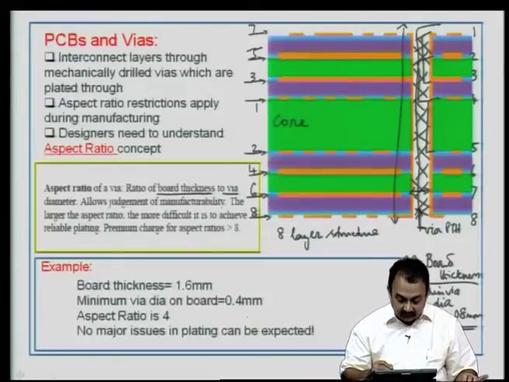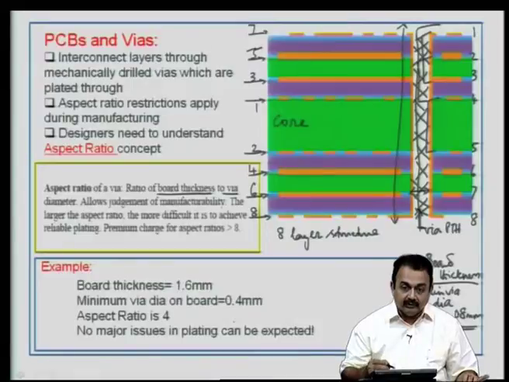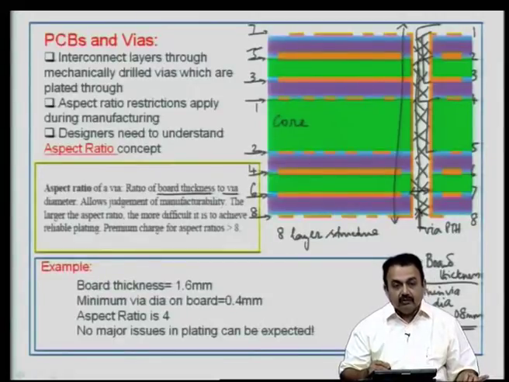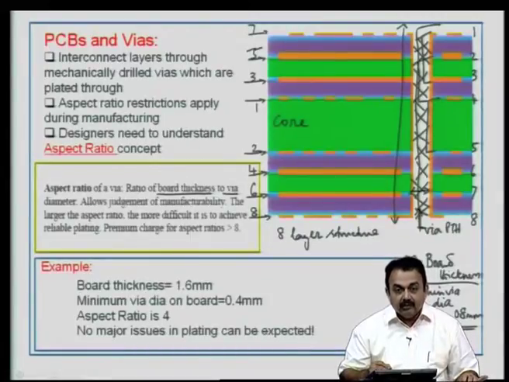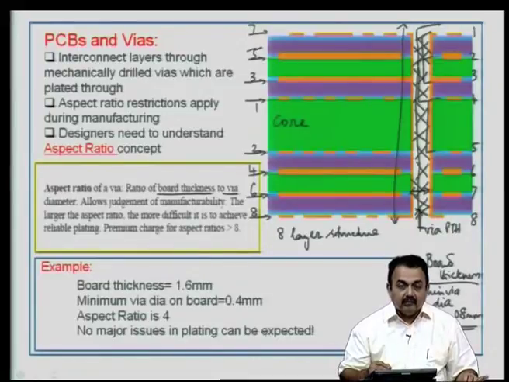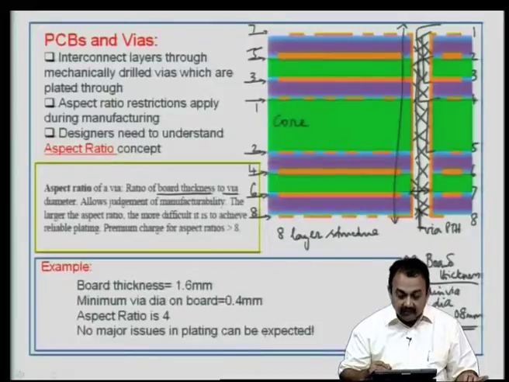The aspect ratio is the same. In the earlier example, it was 3.2 mm and 0.8 mm drilling. Here both have reduced, but look at the aspect ratio, it is 4. Therefore, no major issues in plating can be expected. 0.4 mm on a smaller thickness of the board can be achieved. Plating on this hole can be achieved fairly well with the current technologies.